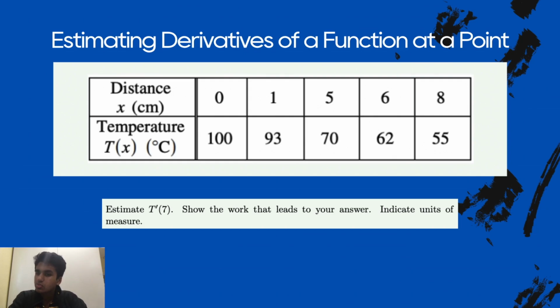In that case, we use x equals 6 and x equals 8. We find the average rate of change between those two points and approximate that as the slope at x equals 7. So t of 8 minus t of 6 over 8 minus 6 is 55 minus 62 over 2, which is negative 3.5. So t prime of 7 is approximately negative 3.5.